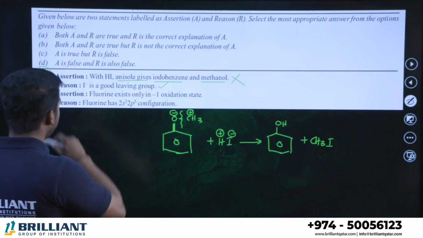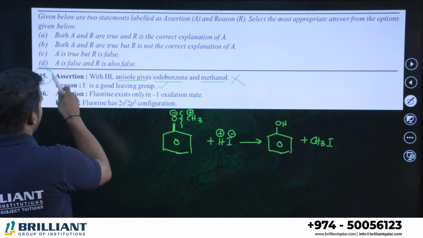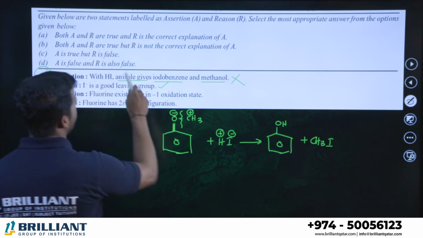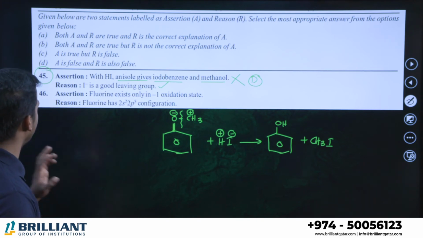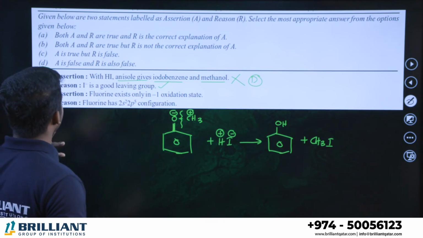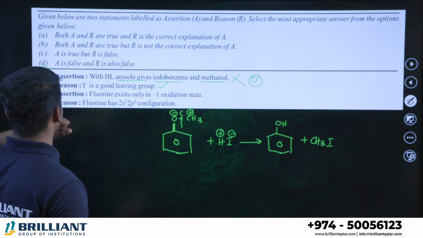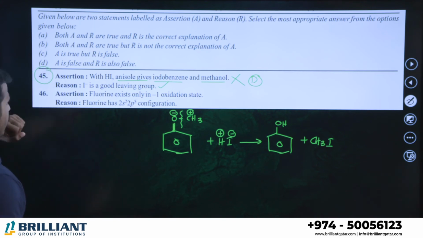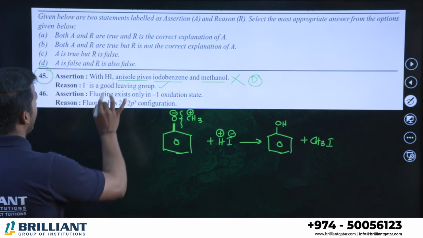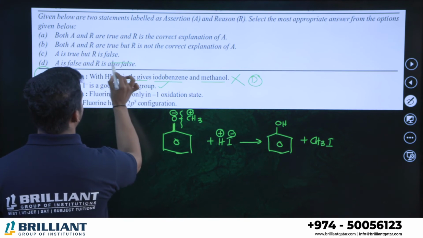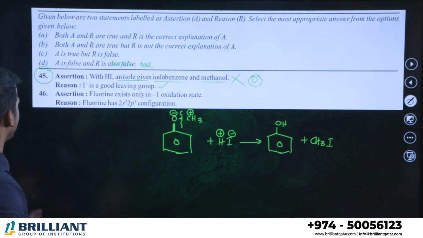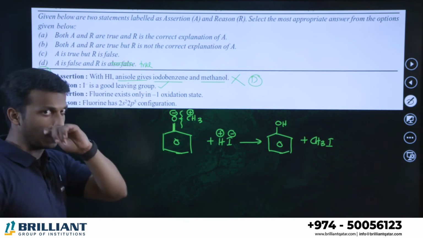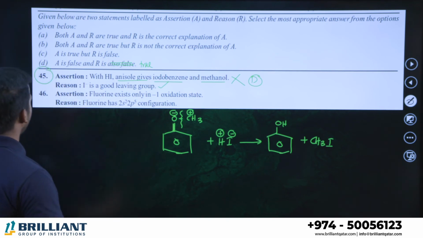So what is the answer? Let's go with option D, right? Yes, option D for the first question. Assertion is false, reason is, I think, also shown false here? Yes or no? I think it should be reason is true. Okay, I'm just making a correction. Assertion is false, reason is true. That's the correct answer possible.